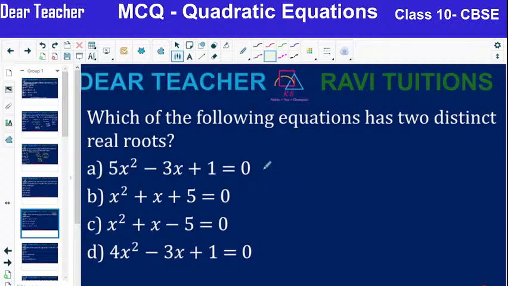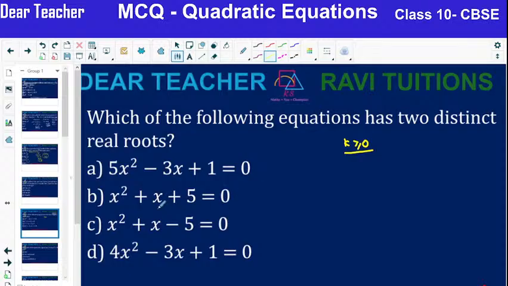Which of the following equations has two distinct roots? Two distinct real roots. That means the discriminant is greater than or equal to 0. This condition should be satisfied, right? So in which one do we have this condition?